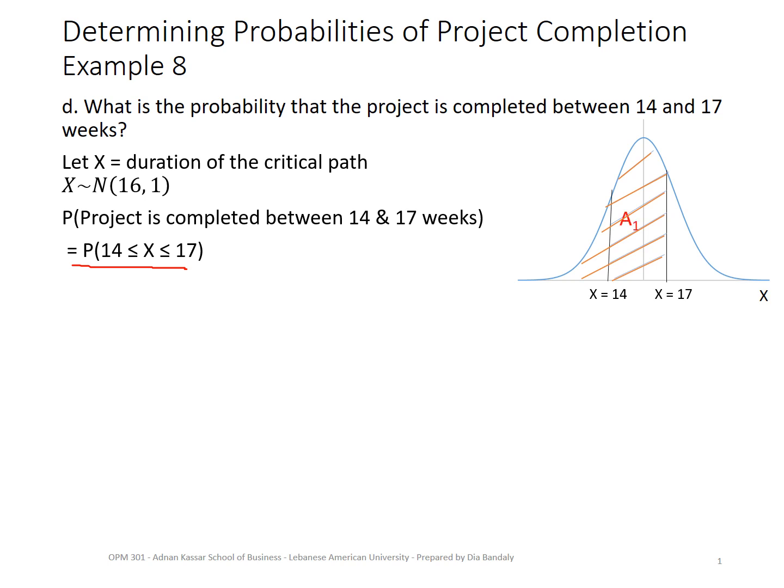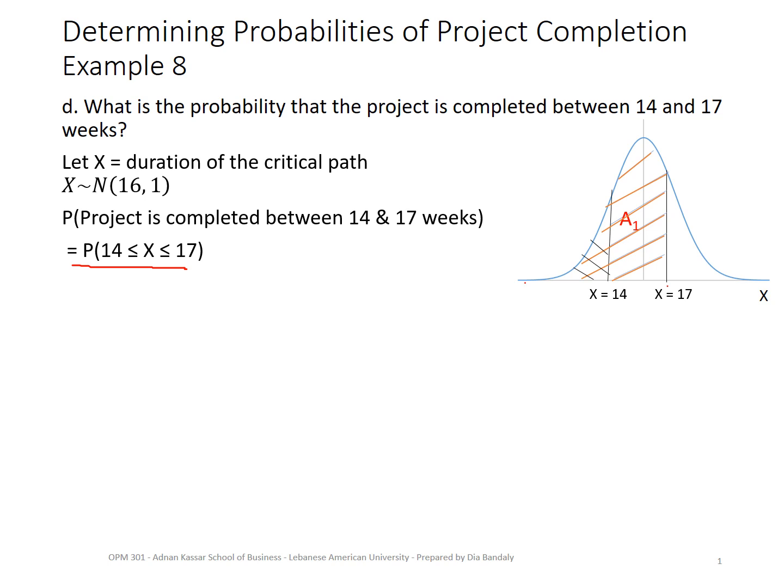First, I will call it A1, the red area, which is the cumulative area from the lower tail until x equals 17. And then I subtract the smaller area, which is here.